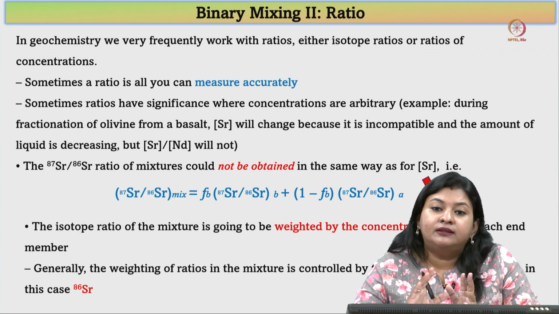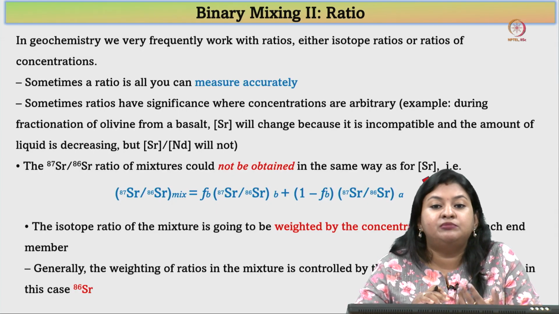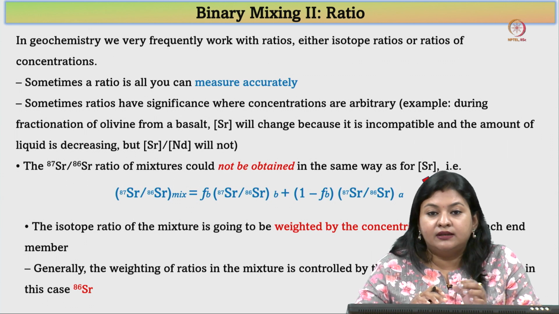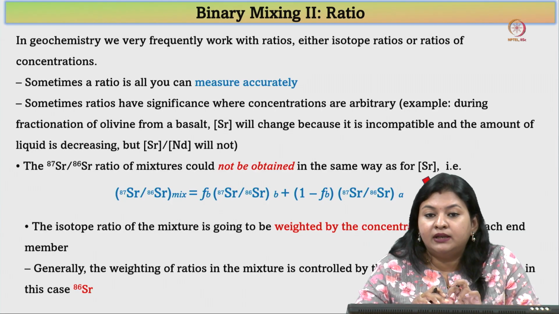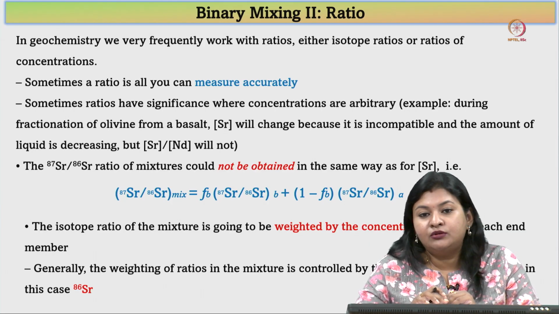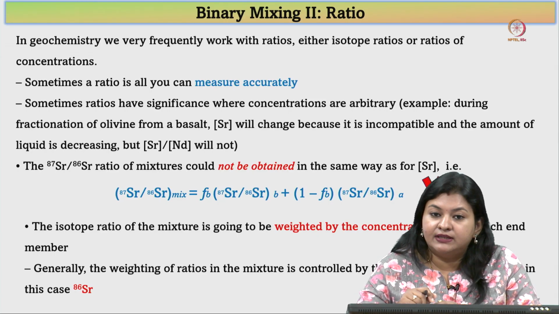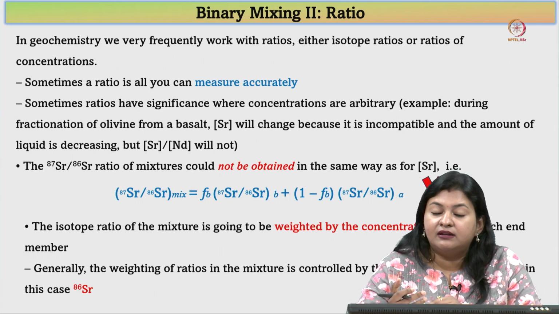But some other element, if I am trying to check that, so for instance neodymium. Neodymium is also that kind of incompatible element. So, samarium, its parent, and neodymium, they are both compatible in nature and far less incompatible as compared to strontium. So, they will prefer the magma phase, that is the phase from which the melt is being generated, the mantle phase.